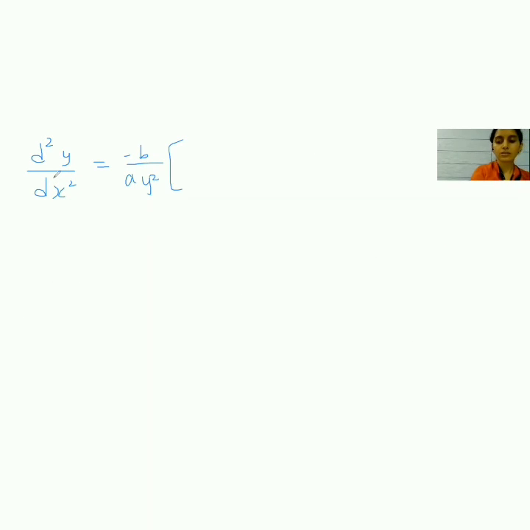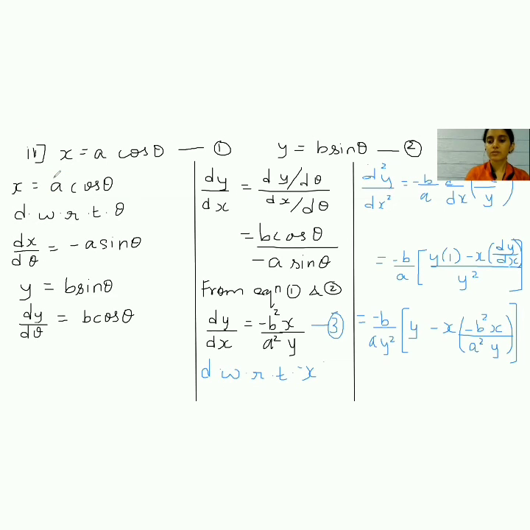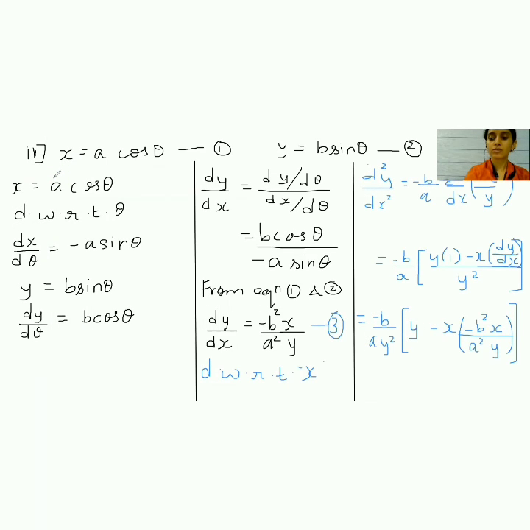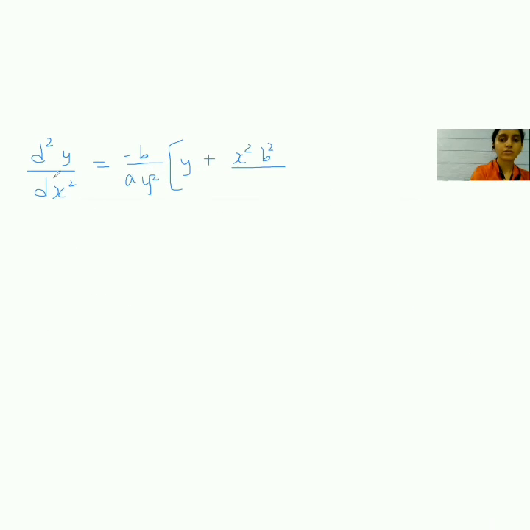Open the bracket. y is the first term, plus x square b square divided by a square y. What we can do is put the b term inside.